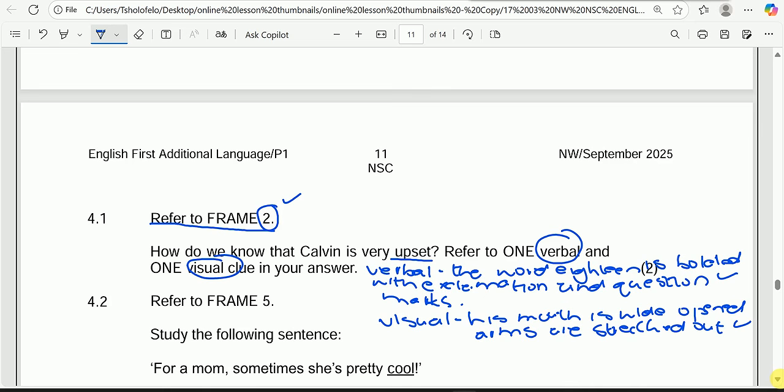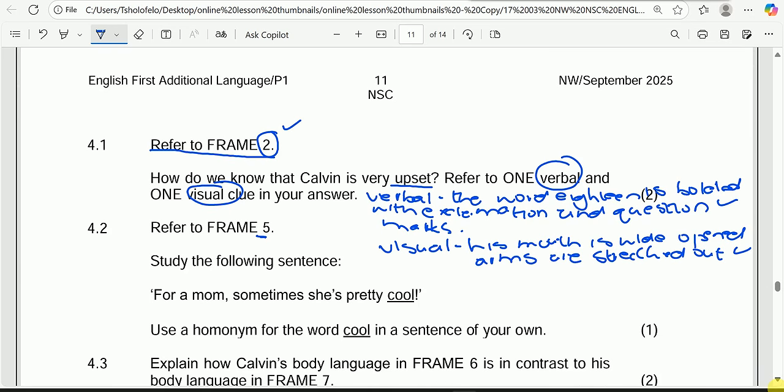Refer to frame 5. Study the following sentence. For a mom, sometimes she's pretty cool. Use a homonym for the word cool in a sentence of your own.